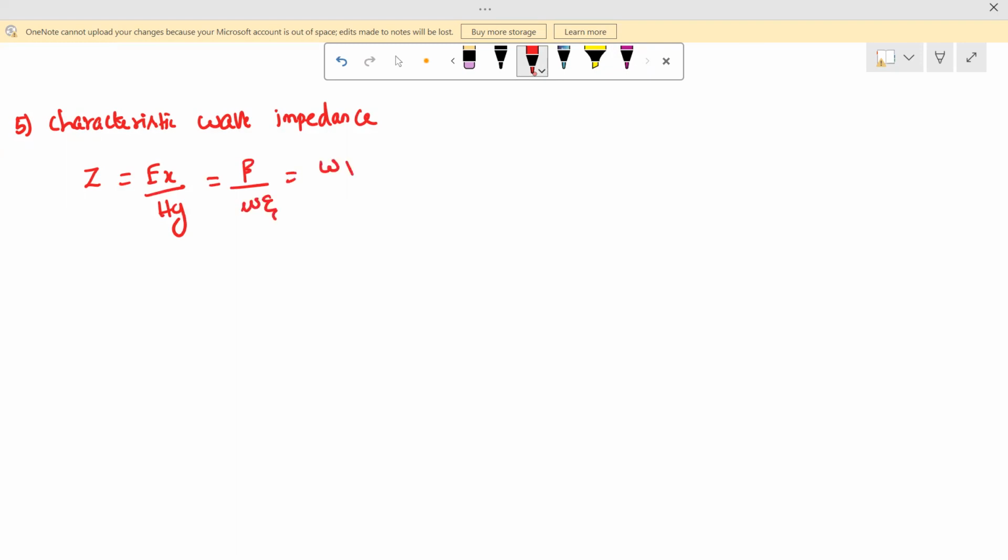Beta can be written as omega root of mu naught epsilon naught divided by omega into epsilon naught. Omega gets cancelled. We will get root of mu naught divided by epsilon naught, which is nothing but the intrinsic impedance eta. So we can write Ex as eta into Hy.